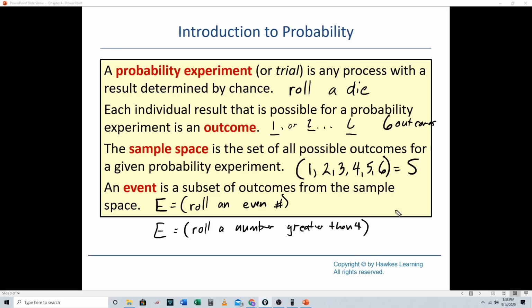So that'd be a 5 or a 6. So these are events that are subsets. They just contain parts. So that would be a 2, a 4, or a 6. That would be the event. And this would be a 5 or a 6. That would be the event. Okay, so I'm just trying to put all these terms in perspective.